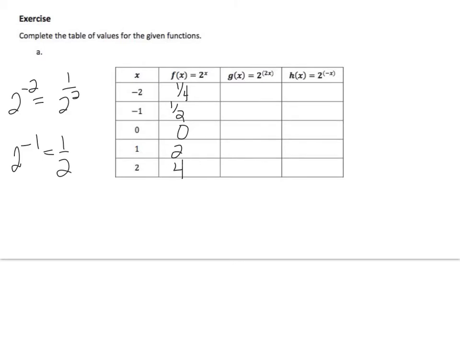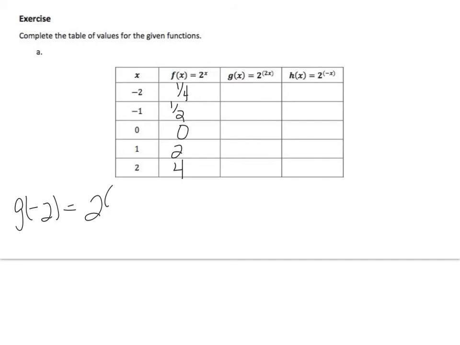I'm going to erase those so I have a place to work for my other ones. If you didn't get them down, you can rewind real quick. Now I'm doing g of negative 2, 2 to the 2 times negative 2, which is 2 to the negative 4, which is 1 over 2 to the 4, which is 1 over 16.